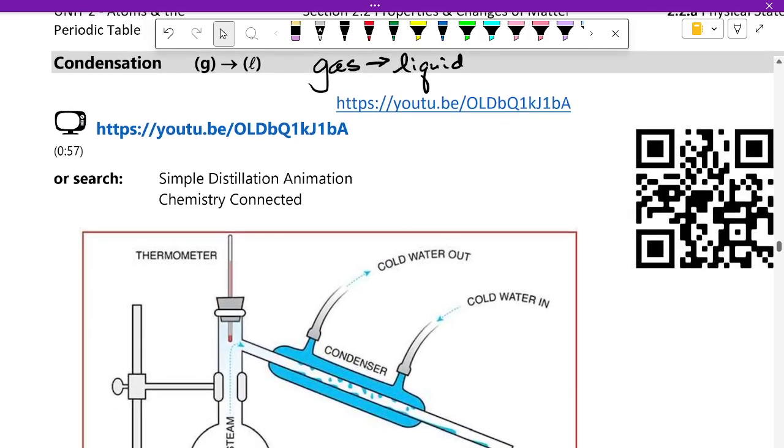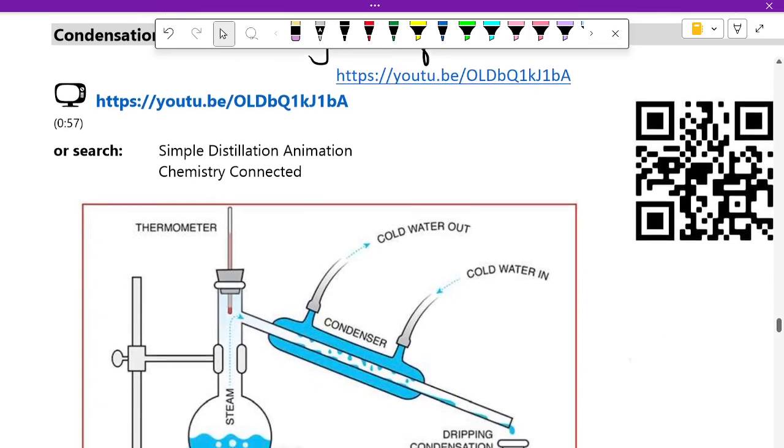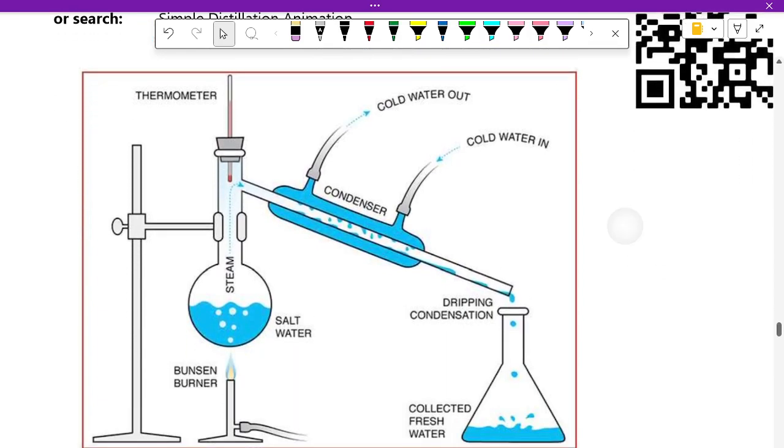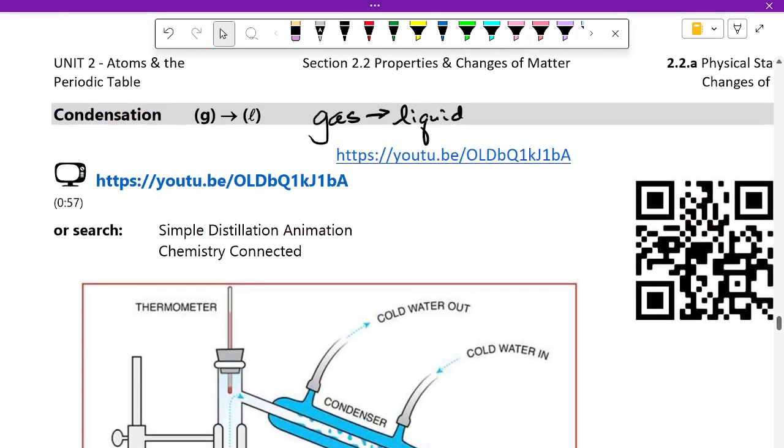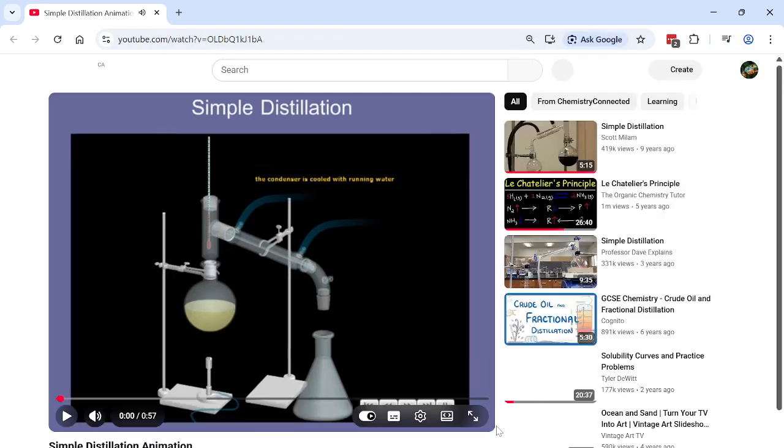And I don't think I have a really good animation for this one, but we do have a simple distillation apparatus, and we're going to watch a video of that, and then we'll take a look at this little diagram here. Okay, so we're going to watch how something might be distilled. Make that bigger.